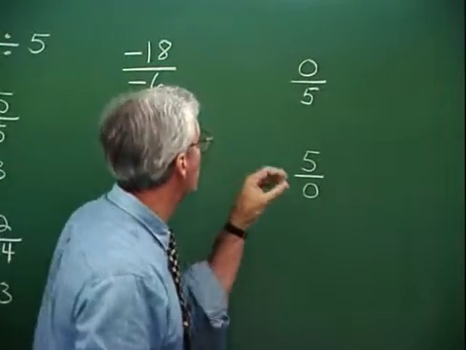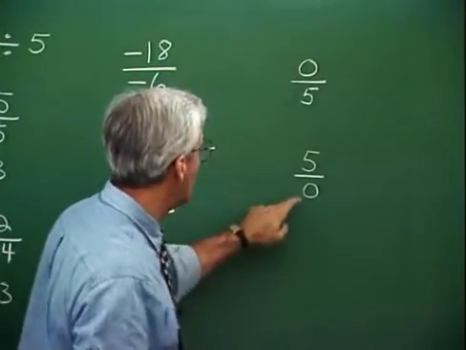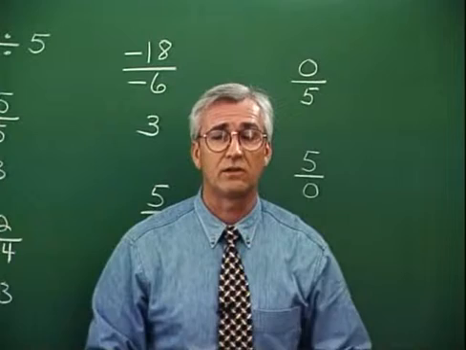Let's look at the difference between 0 over 3 as a fraction and 3 over 0. Now, we know that a fraction implies a division problem. In this one, it means 0 divided by 3. So as a long division problem, it's 3 into 0.